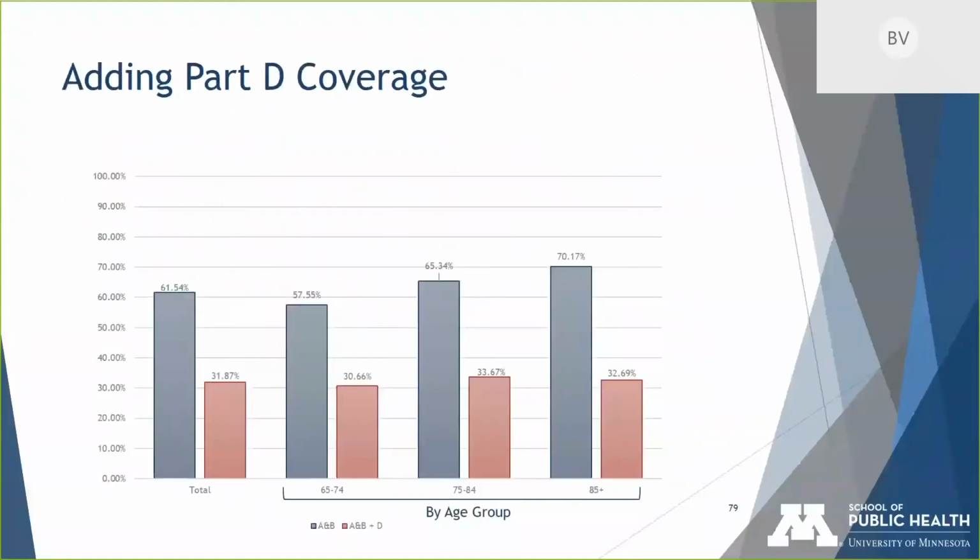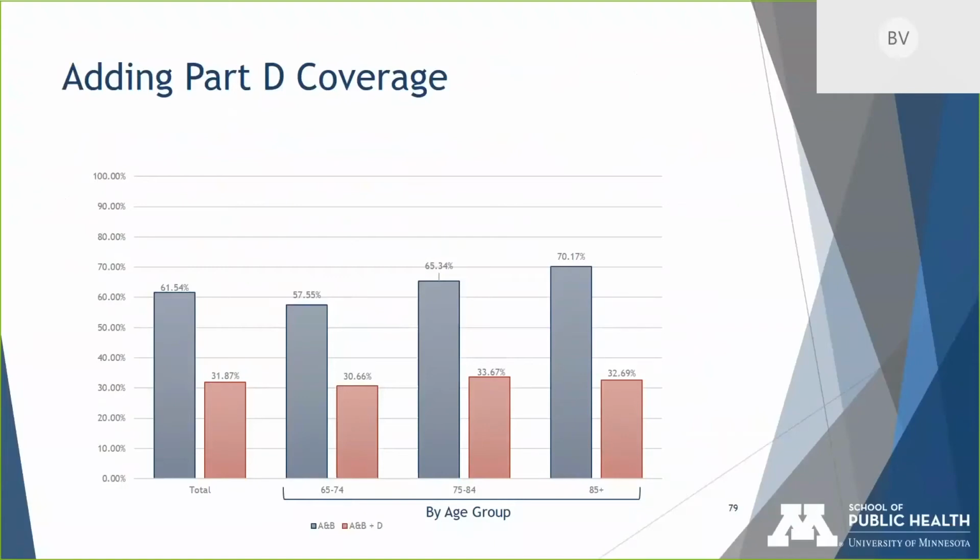So what I've done here is we recreated the previous figure that we just showed a couple of slides ago, but we've added a second bar. And this demonstrates how that sample size percentage is going to change if we also restrict individuals to have Part D coverage as well. So you see that that blue bar is the same as what was shown 2 slides ago.